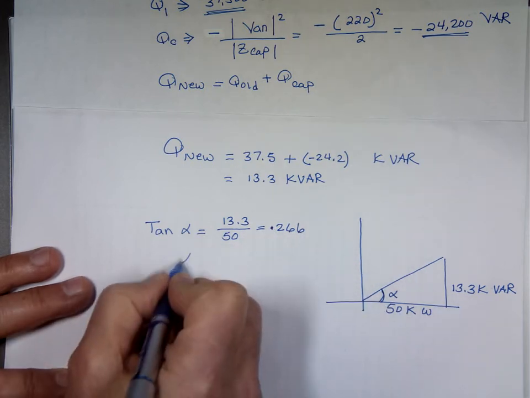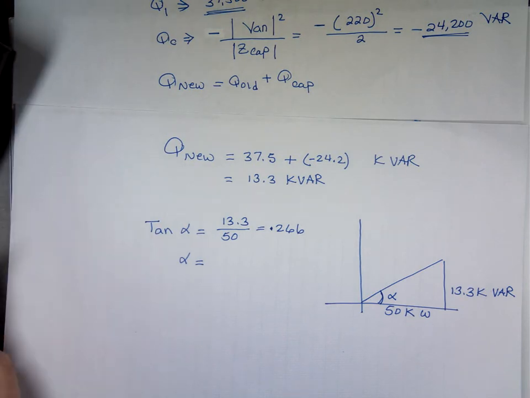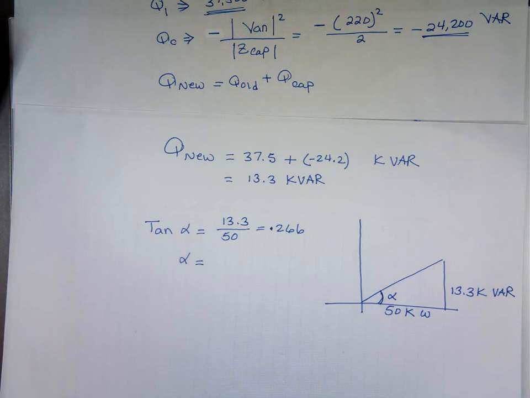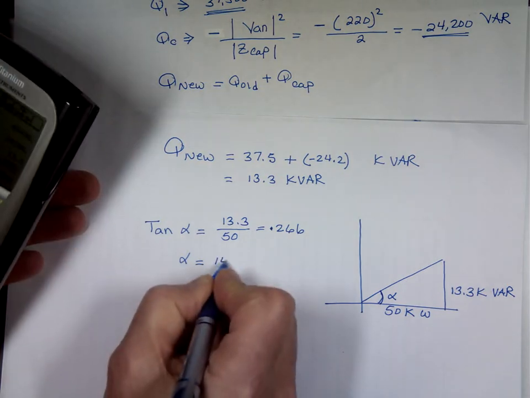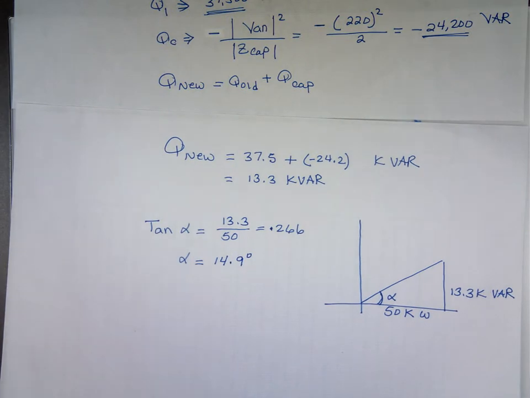So alpha is equal to the inverse tangent of 0.266. The angle is 14.9 degrees.